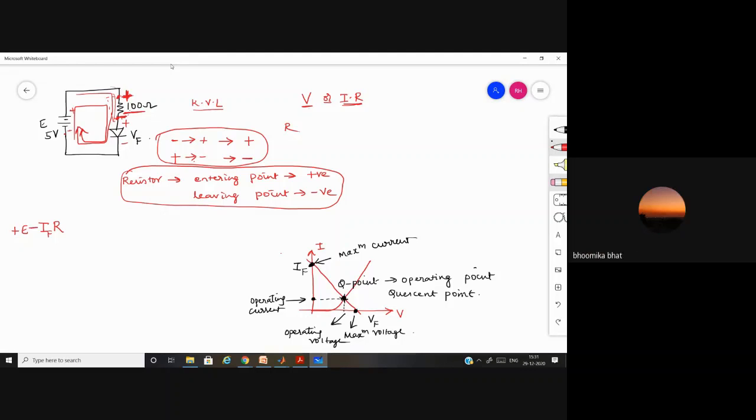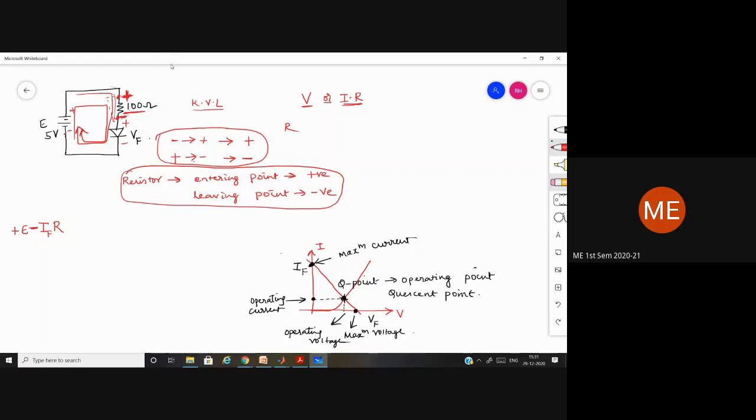Now, this is the anode terminal. Anode is positive or negative? Positive. Cathode is negative.